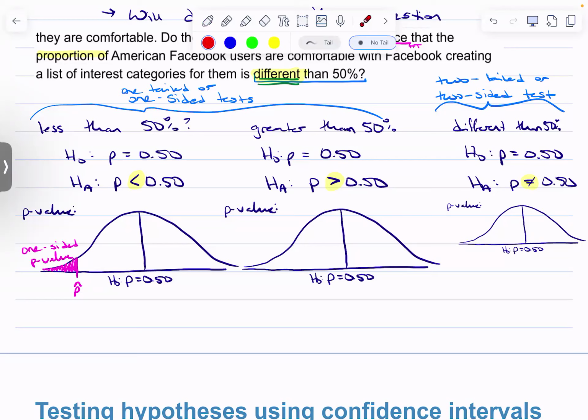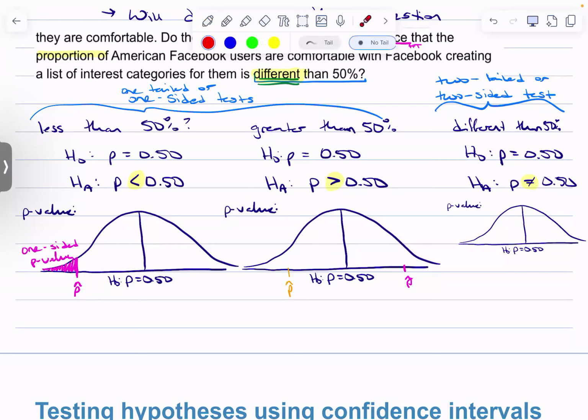Right? If I'm trying to show that something is significantly greater than 0.5, then I better hope my sample proportion is bigger than 0.5. That's a good place to start. What if it was less than 0.5? Let's just do that as a goofy example. What if you found your p-hat was somewhere down here?